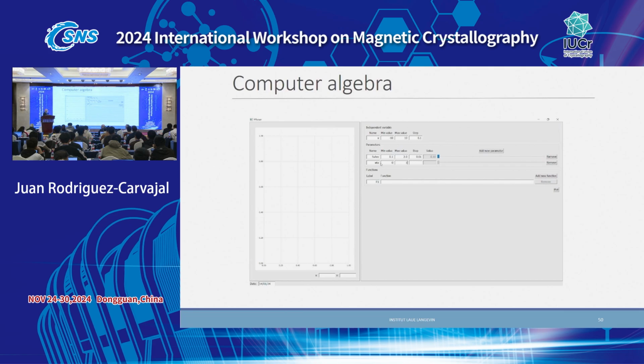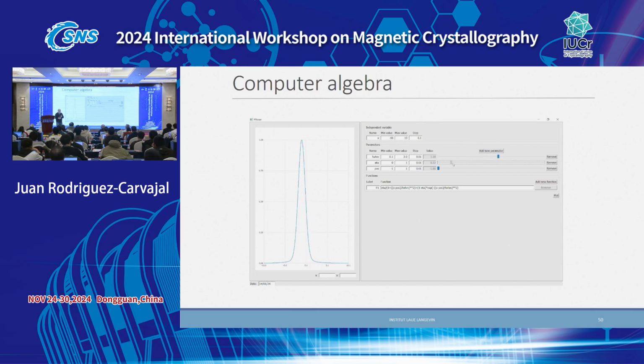For instance, this is for calculating a pseudo-Voigt function. You write the formula yourself by hand, you can add several functions, and you can use sliders for the different parameters and modify them to see how it behaves.